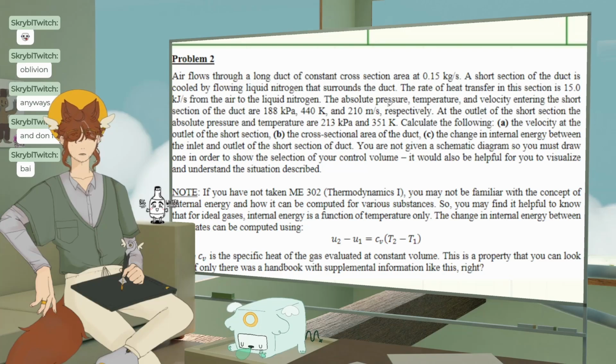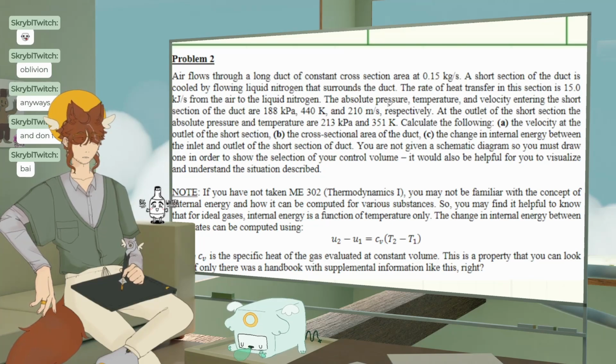The absolute pressure, temperature, and velocity entering the short section of the duct are given. At the outlet of the short section, we're given the absolute pressure and temperature. Okay, so we have information. Talk about an ideal gas. We can talk about density. We don't have constant density, obviously, so it's not incompressible, but we can find the density. We're given temperature.